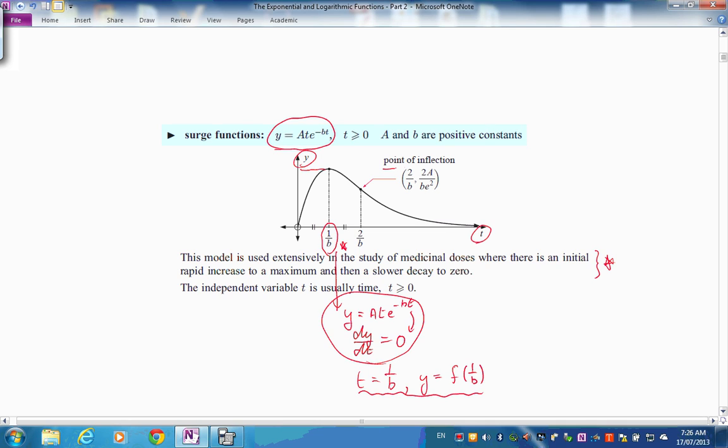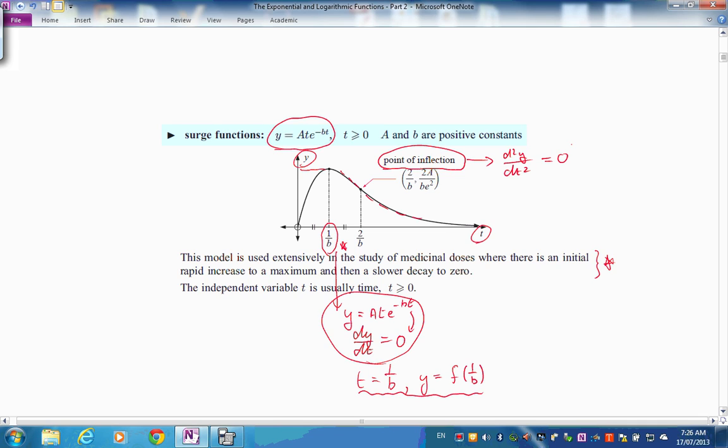And similarly, the point of inflection is even more difficult, isn't it? The point of inflection, when the function is decreasing at an increasing rate here, and then decreasing at a decreasing rate. Okay, that's a point of inflection, change of curvature, and that is where the second derivative is equal to naught.